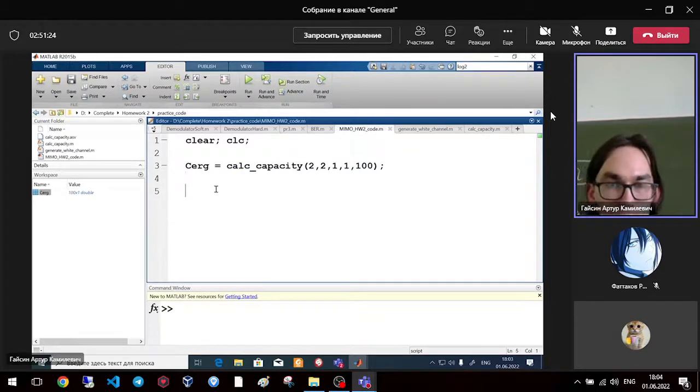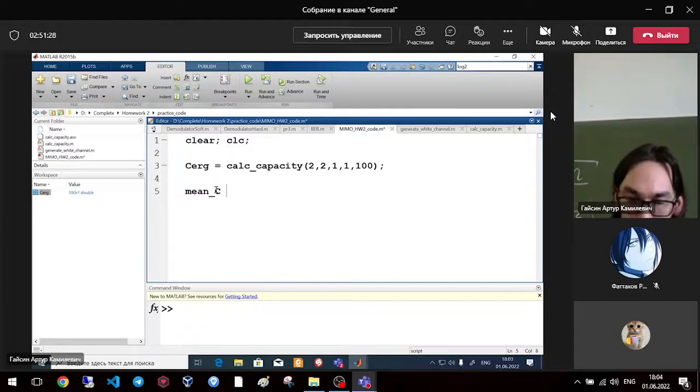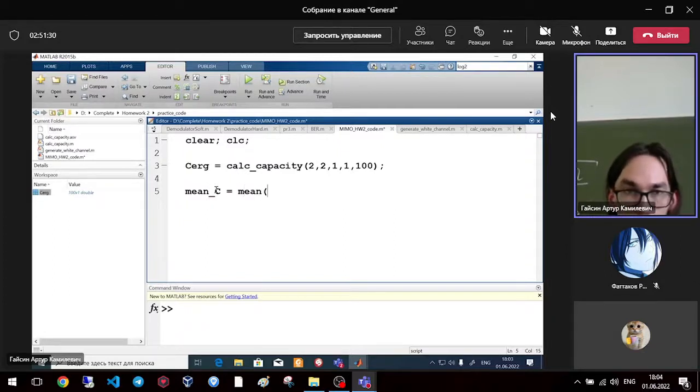So let's calculate C ergodic by our hand.